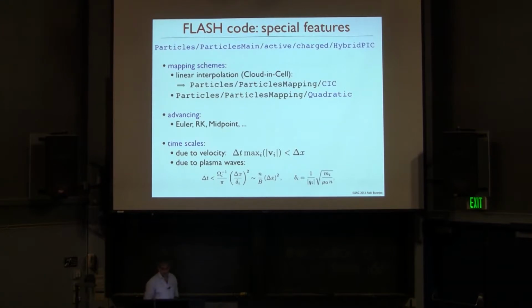You see that's fairly sensitive to the grid spacing, and you have to be aware that your simulation might get fairly slow if your particles become fast, or if you have fast plasma waves in your simulation. So this is just to make you aware of the usual problem of any additional physics.